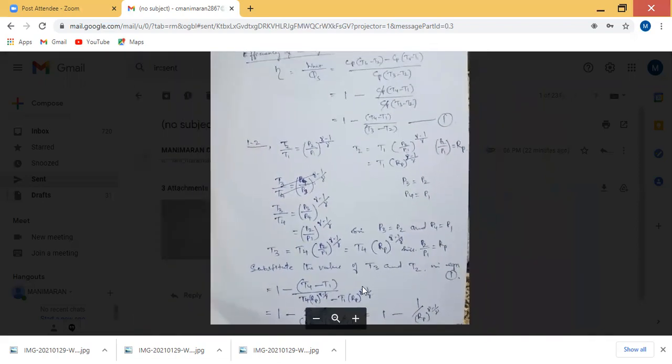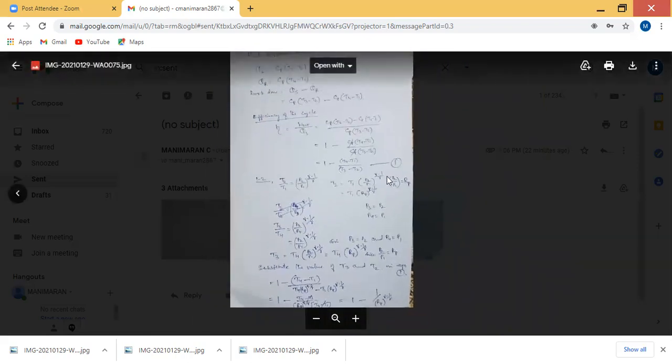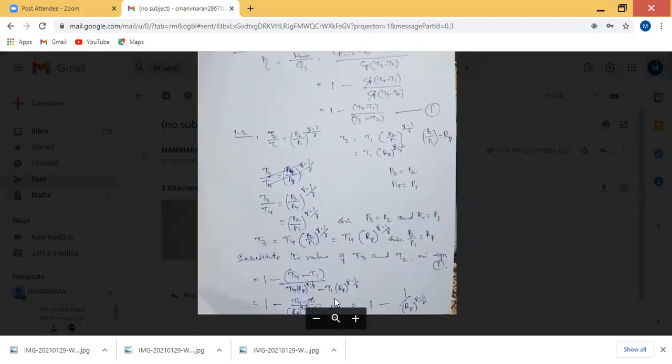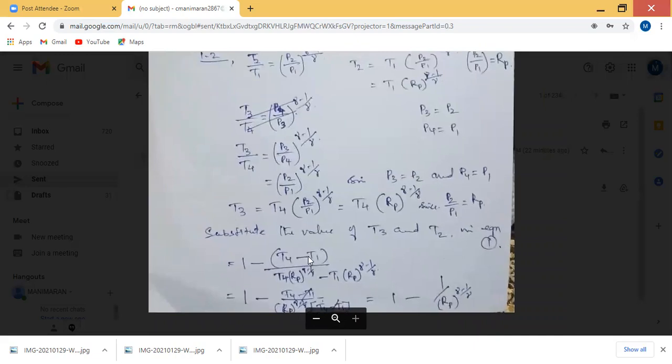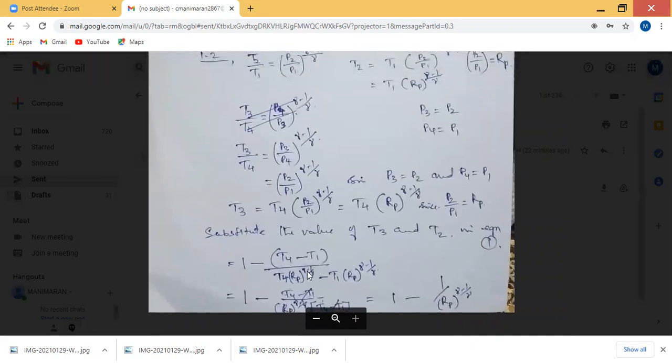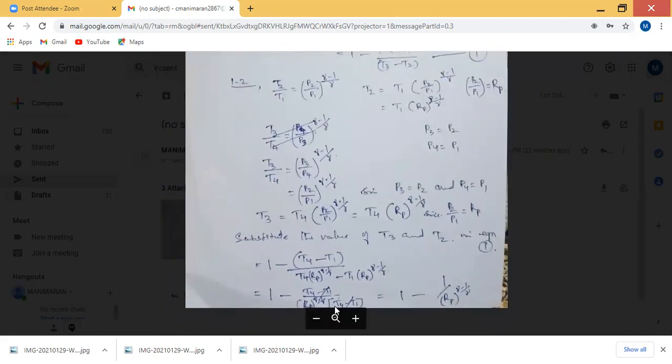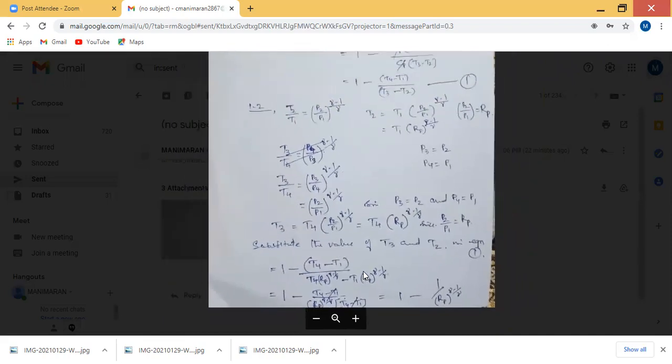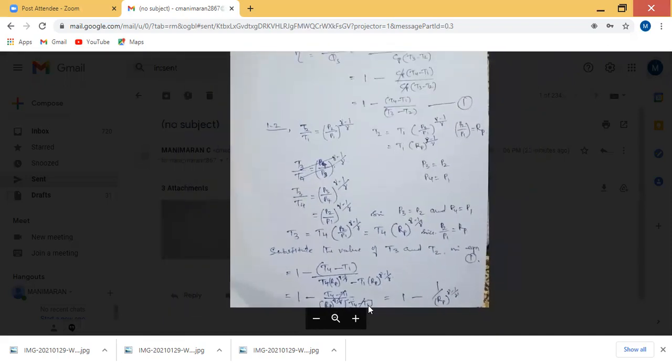Now substituting the values of T2 and T3 in equation 1, we get 1 minus T4 minus T1 divided by T4 into Rp to the power of gamma minus 1 divided by gamma minus T1 into Rp to the power of gamma minus 1 divided by gamma. Now in the denominator, I am going to take Rp to the power of gamma minus 1 by gamma outside.